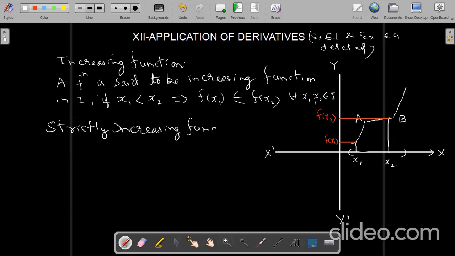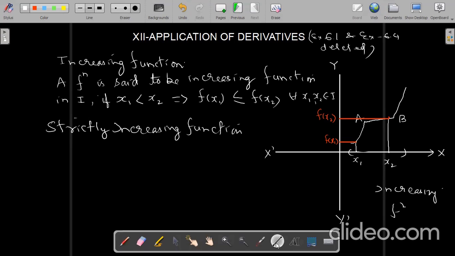For a strictly increasing function, as I told you, the function is increasing everywhere.